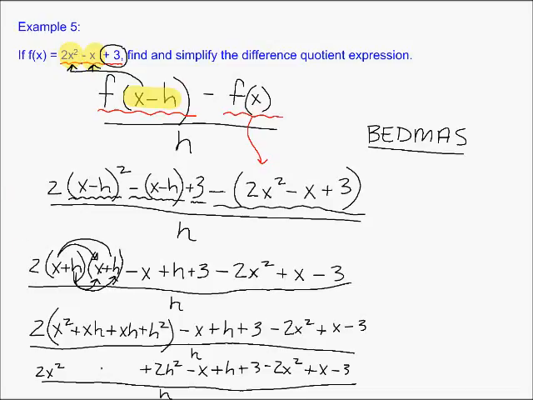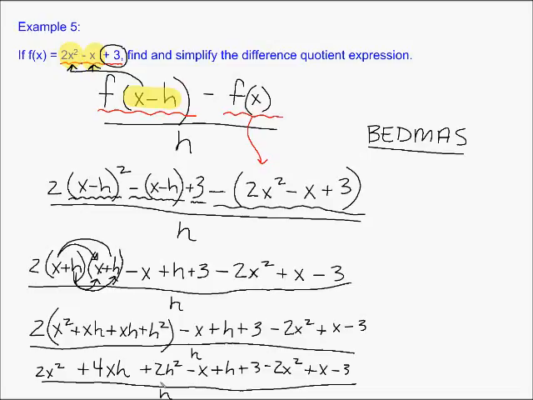So my 2xh plus 2xh is going to be plus 4xh. There. Now, what I want to do is I've gotten rid of all of my brackets, I've gotten rid of my exponents.